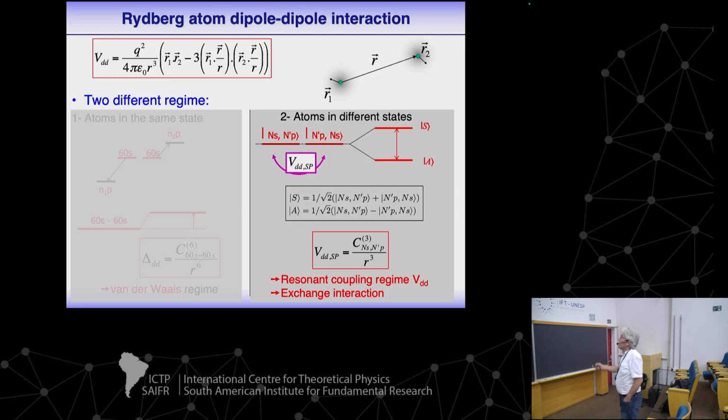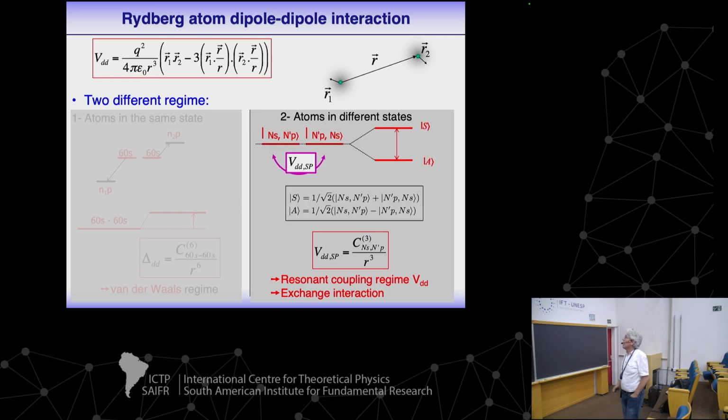As a result of dipole-dipole coupling, you get in the energy spectrum a splitting of energy levels with new eigenstates, which are positive and negative superpositions of these two states.